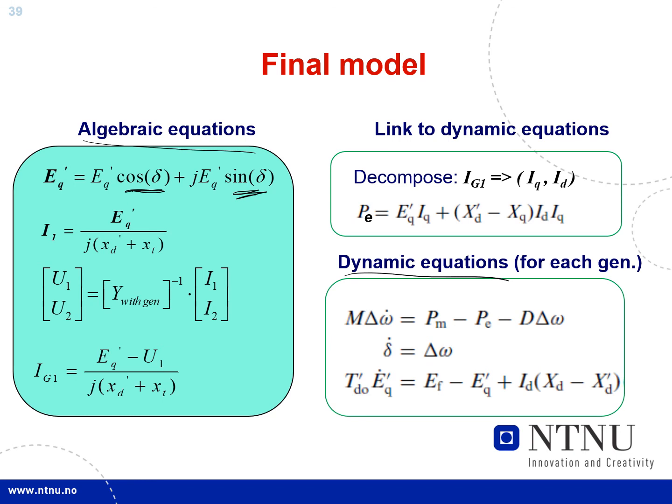And you transform back to the machine reference to obtain the currents IQ and ID that is needed in the dynamic equations. Because you see the dynamic equations depend on the ID and on the electrical power. And those have to be computed in their own reference frame.